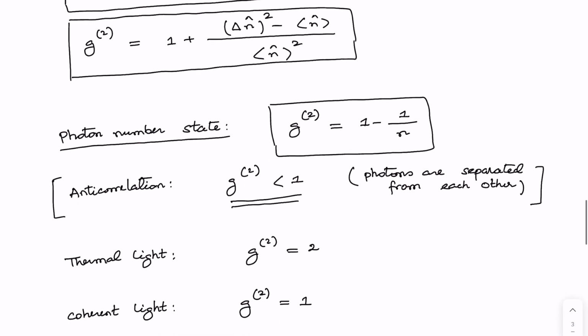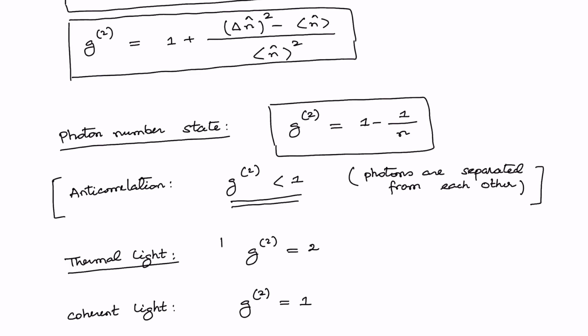Then we discussed thermal light, and we worked out that the second order correlation function is equal to 2. By the way, let me make it clear that the second order correlation function is related to probability, but it is not exactly a probability, so don't think that g2 cannot be greater than 1.